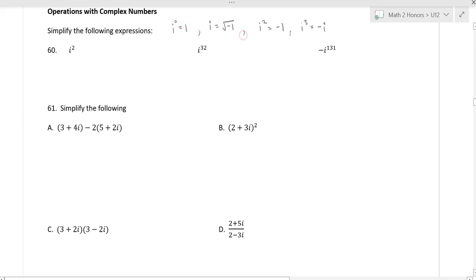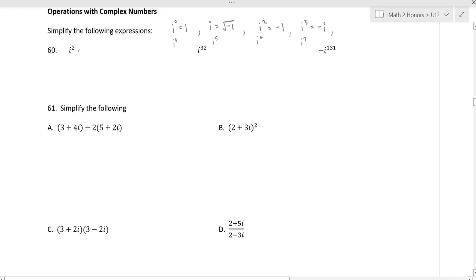And then it cycles, so if I do i to the fourth, it goes back to 1. It cycles in fourths. So this would be i to the fourth, this would be i to the fifth, this would be i to the sixth, this would be i to the seventh, and then it cycles again.